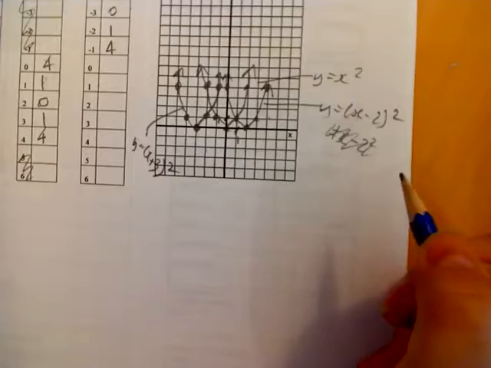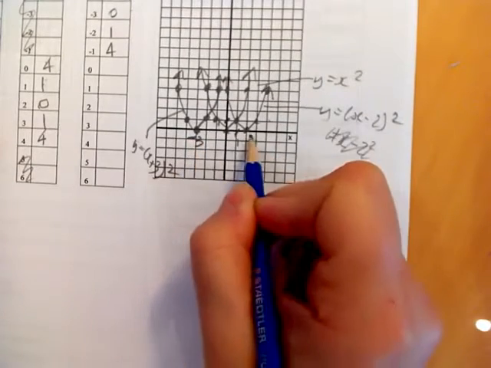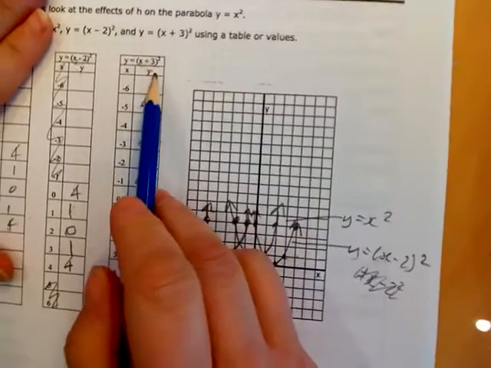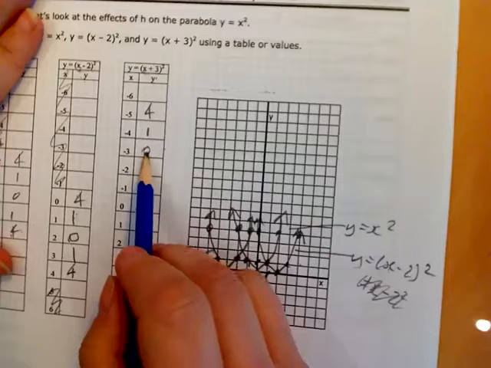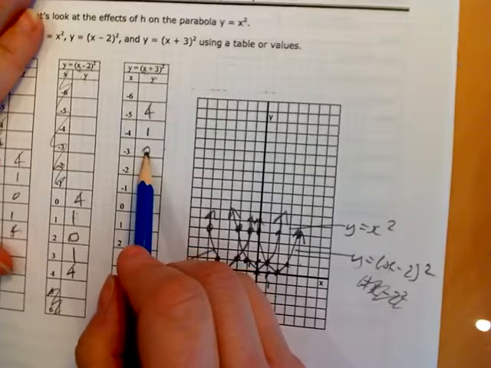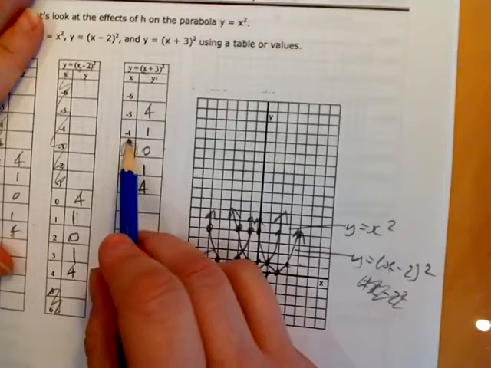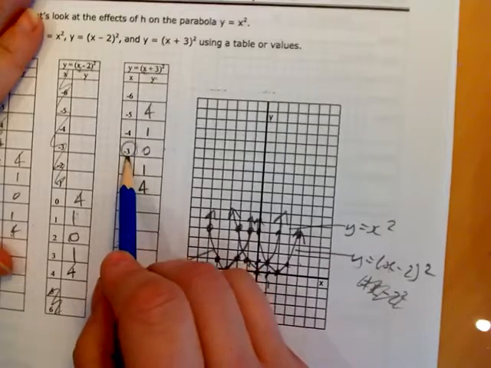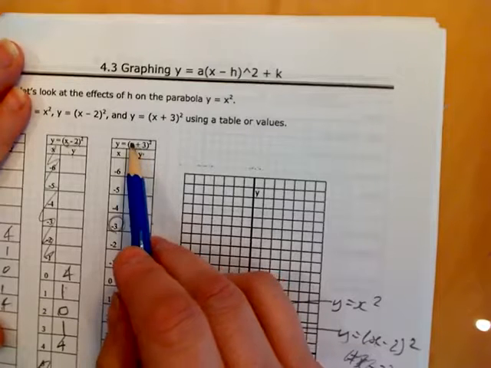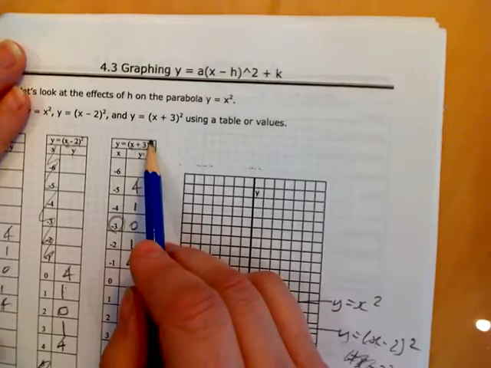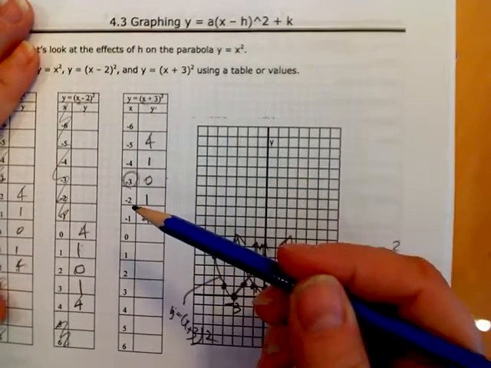Okay, so basically what we want you to see from this is that the number that you plug in here that makes this 0 is going to tell you where you're moving your original curve, y equals x squared. So I'm going to take my curve y equals x squared and move it 3 to the left because -3 is that way.